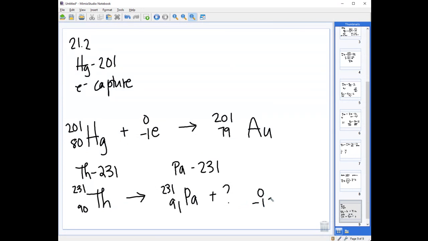So this is going to have to be a beta particle, because my top number stays the same, and 91 minus 1 gives me 90. So those are examples of the nuclear equations, and you have a practice set of problems that you'll work on for those.